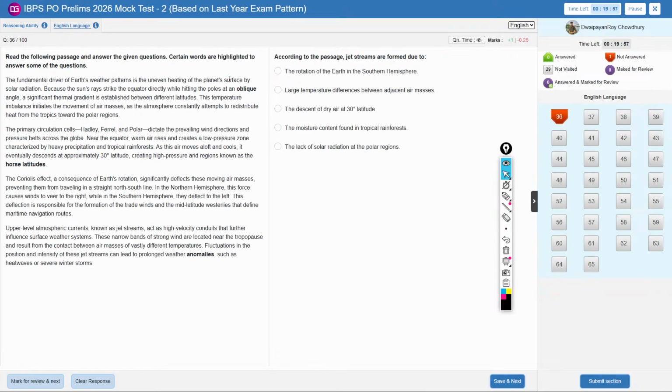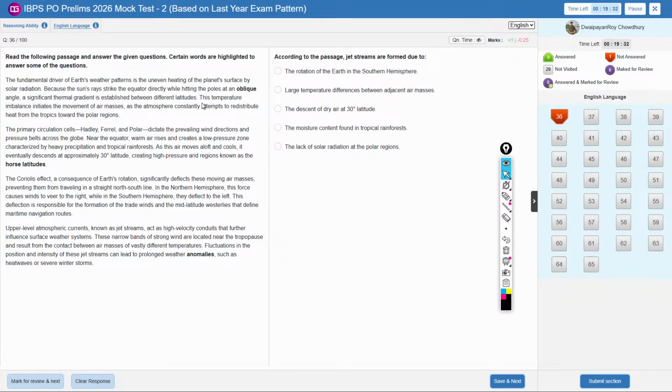The fundamental driver of Earth's weather pattern is the uneven heating of the planet's surface by solar radiation. Because the sun's rays strike the equator directly while hitting the poles at an oblique angle, a significant thermal gradient is established between different latitudes.